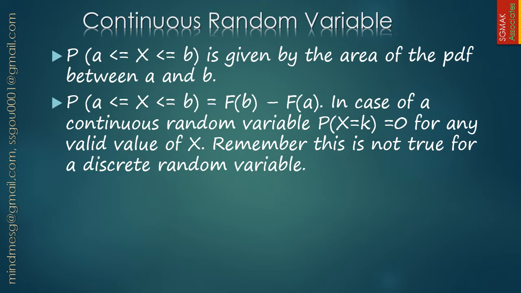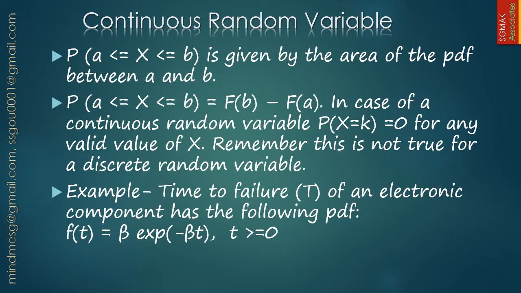Now remember, this is not true for a discrete random variable. The discrete random variable may have a probability attached to that particular value. So for a continuous random variable, the probability for a specific value is always equal to 0, but it's not true for a discrete random variable.